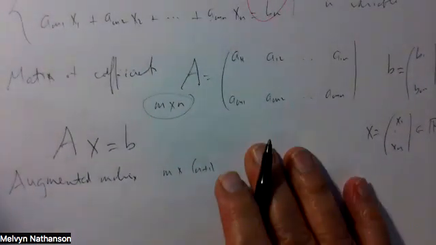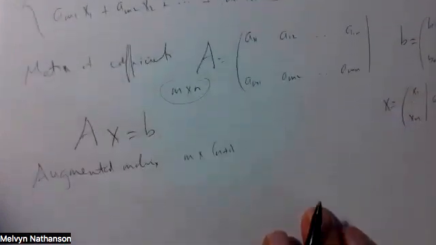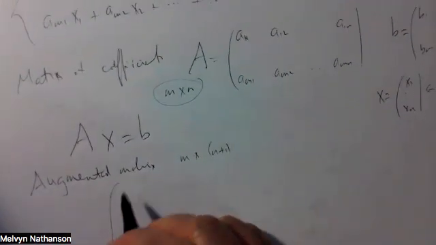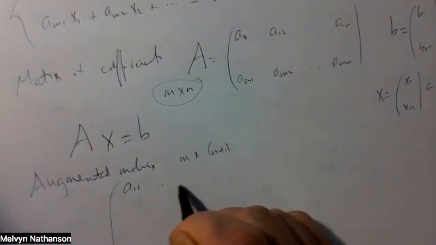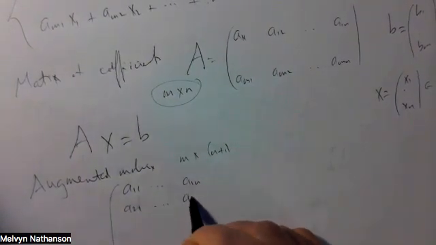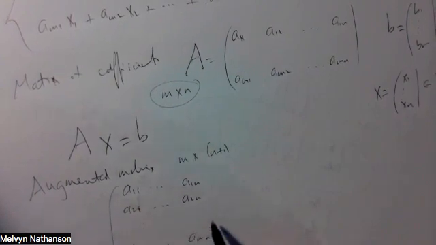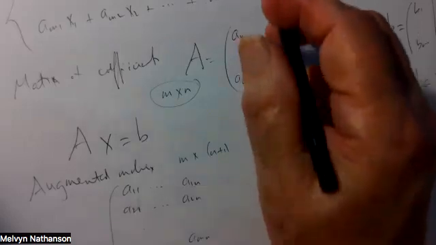The augmented matrix that corresponds to an inhomogeneous system of linear equations is the following: you write down the matrix A, and we add one more column, and the column is going to be the B's.